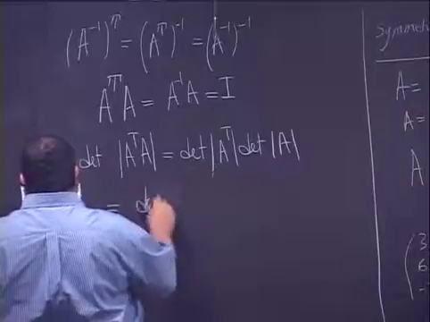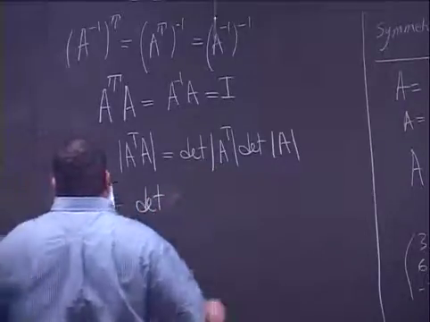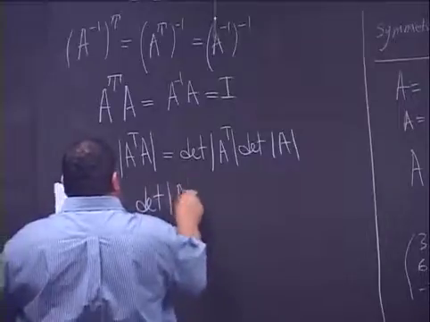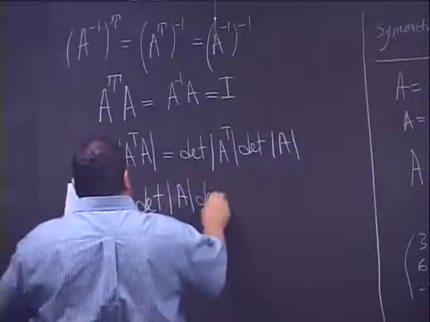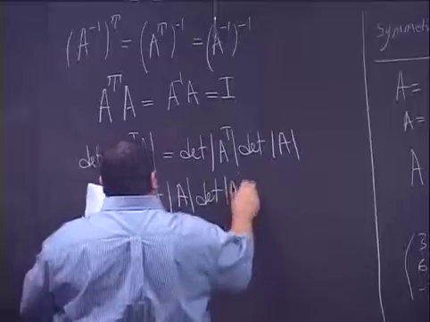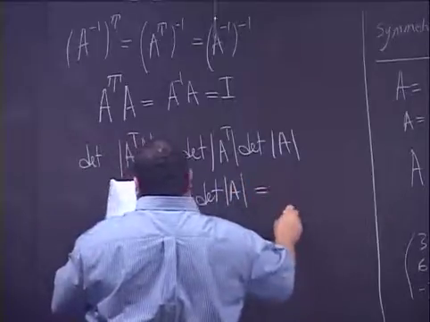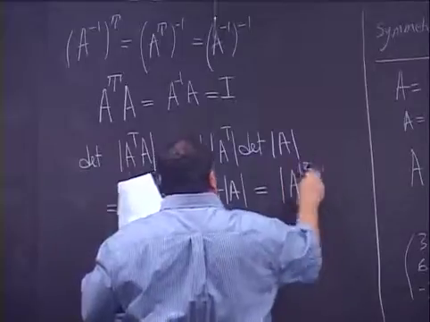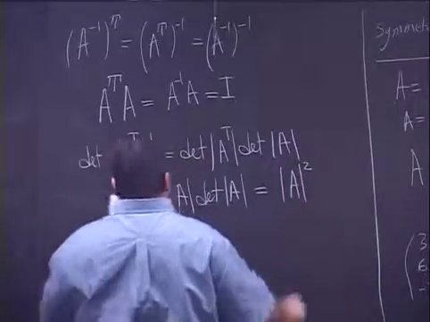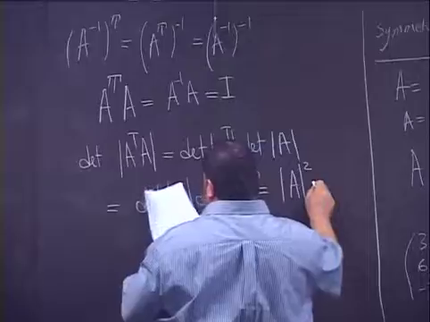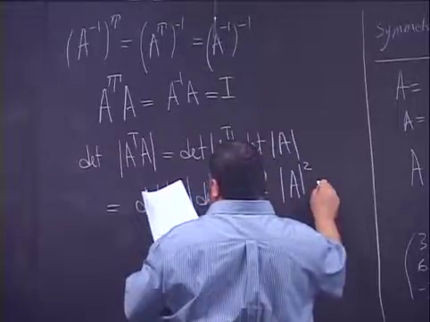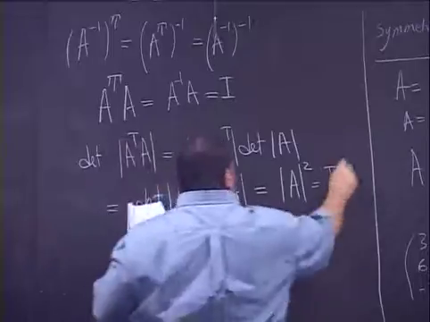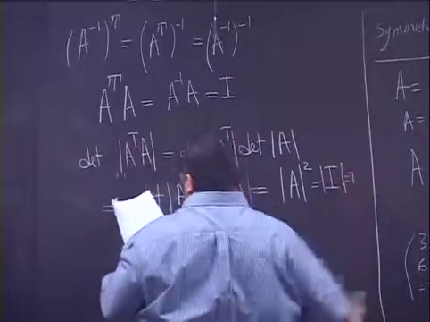The determinant of A transpose is the same as the determinant of the matrix A, so this is the determinant of A multiplied by the determinant of A, which equals the determinant of A squared. This will be equal to the determinant of I, which equals 1.